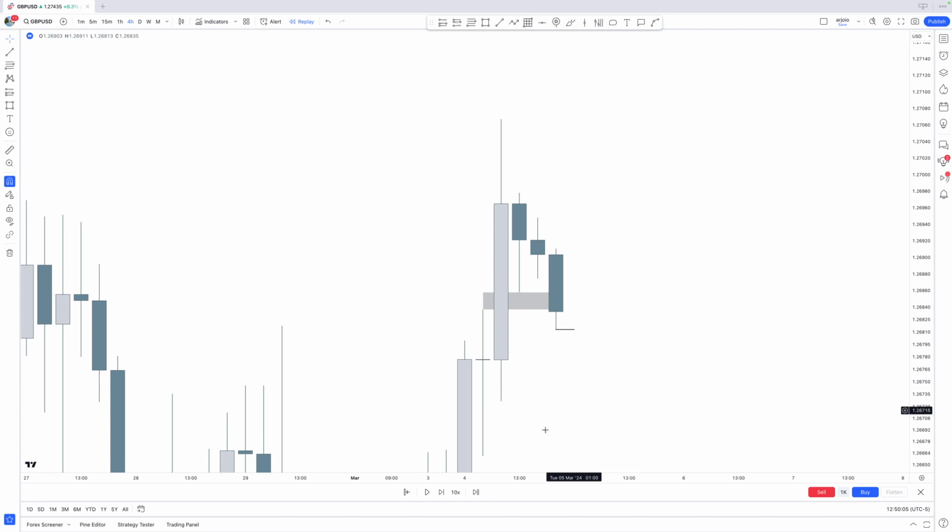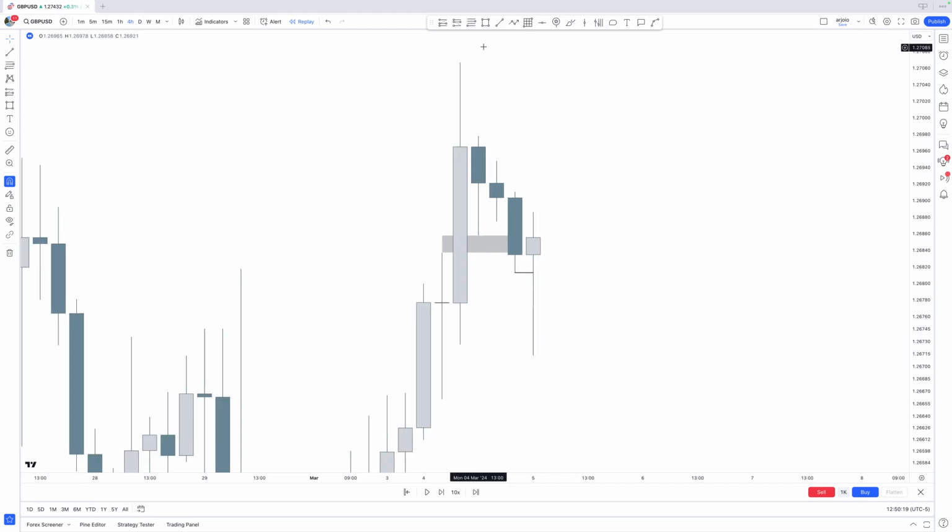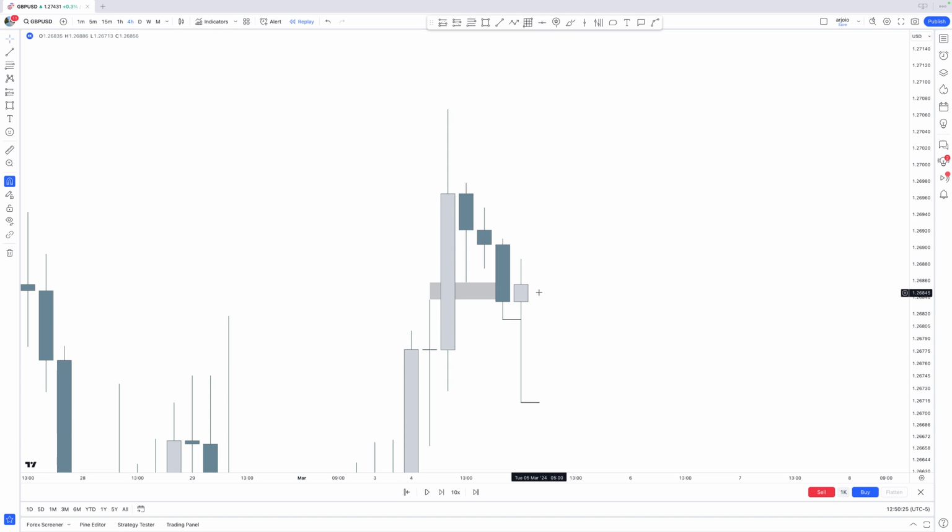How do we know if it's a sweep? When we reject back above that previous candle low right there with a long wick at the bottom, and now we have the rejection. So now we can confidently say right here, if we want to continue higher, we should definitely not trade back below that low right there, and the next candle should again be an up candle.